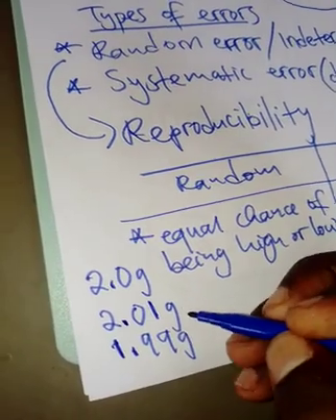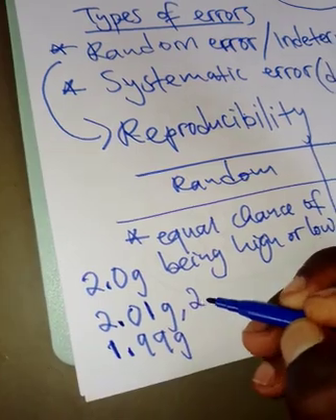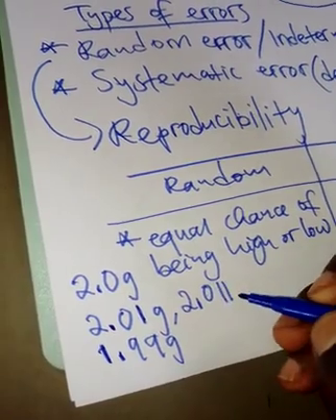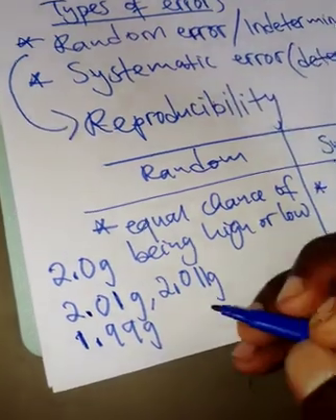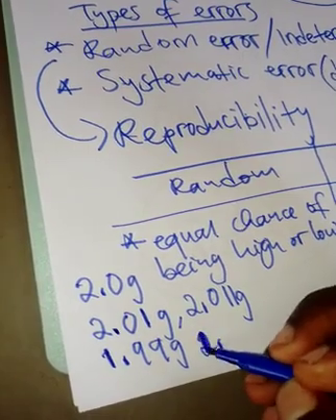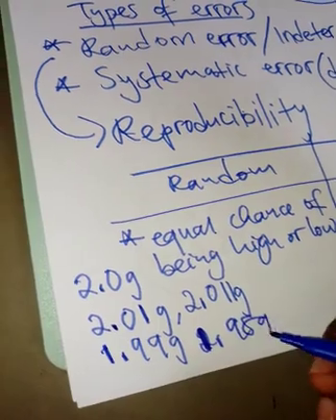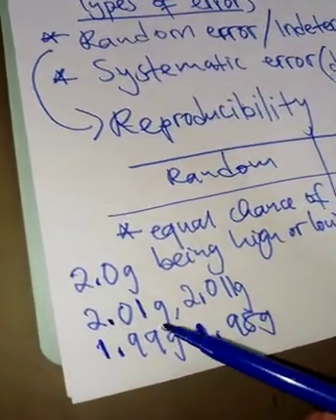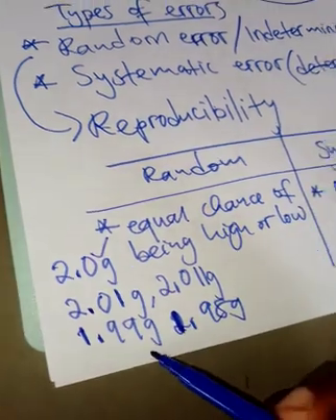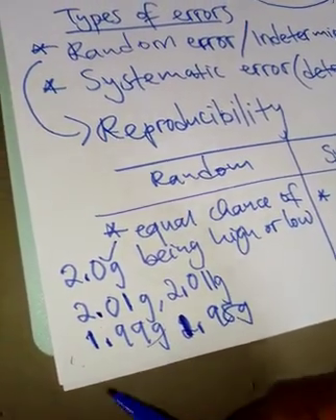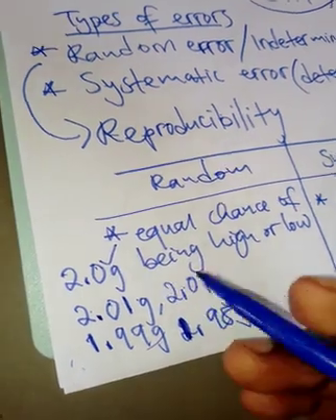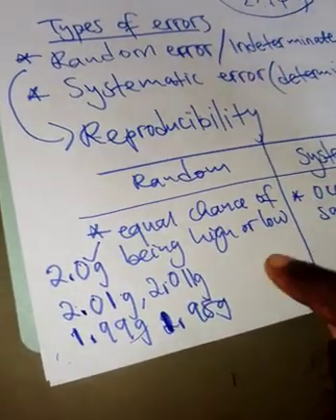Another measurement, 2.011 grams. Another measurement, 1.98 grams. So as you can see, we are finding both values which are greater than the actual value and less than the actual value. This is what we mean by equal chances of being high or low.